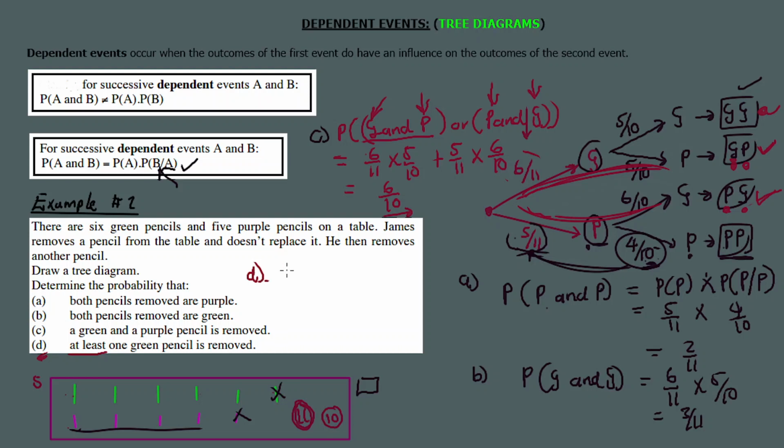So for D, the probability of G and P, or P and G, or green and green.